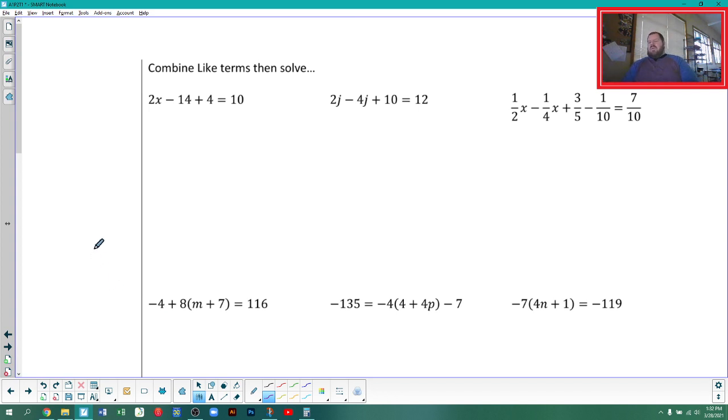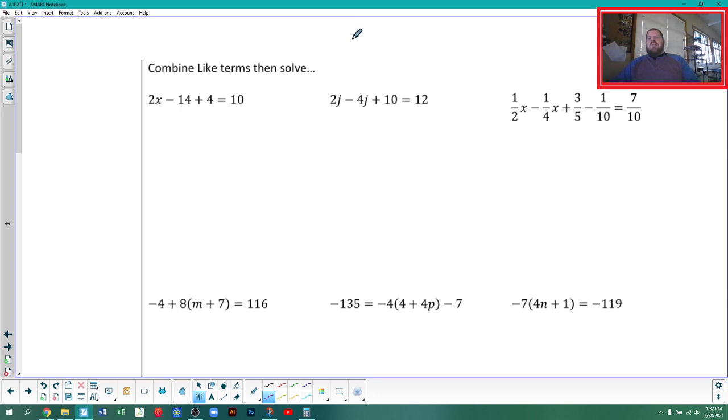Sometimes we got to do a little bit more work. We got to do some simplification of one of the sides before we end up solving it. So when you're combining things on one side, you just want to follow your normal order of operations. But when I have one variable, I should be able to get to one of two kinds of looks.